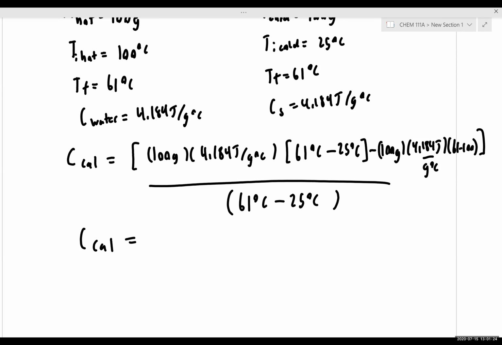So at the end of this calculation, we get a heat capacity of 872 joule per degree Celsius, because grams cancel and degrees Celsius cancels.